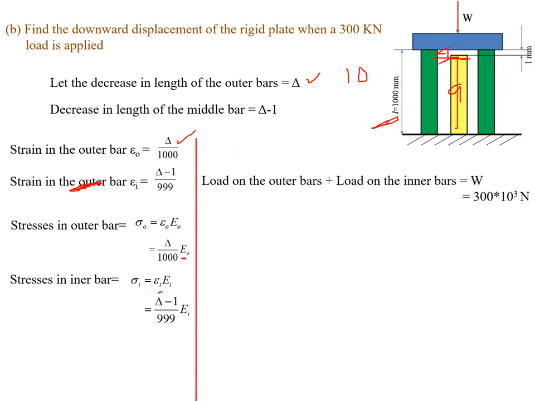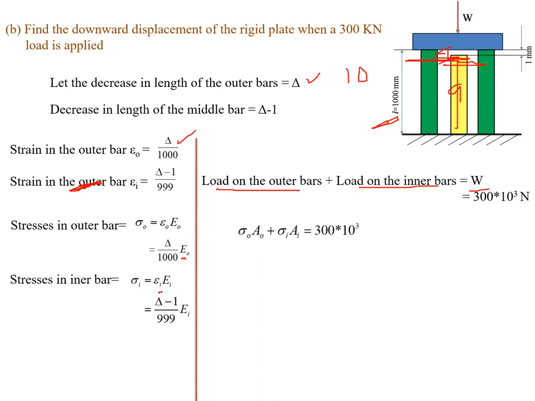So next, after the deformation of 1 mm for the outer bar, the load will be distributed to all the 3 bars. That is, the applied load W equals the load carried by the outer bars plus the load carried by the inner bar. We know load can be expressed in terms of stress: load equals stress into cross sectional area.